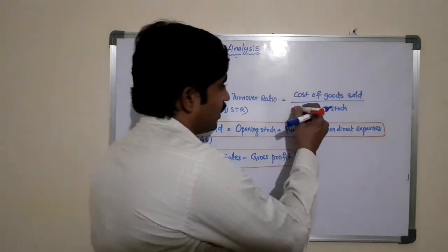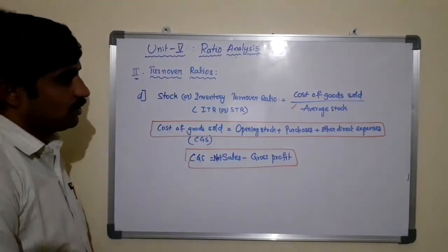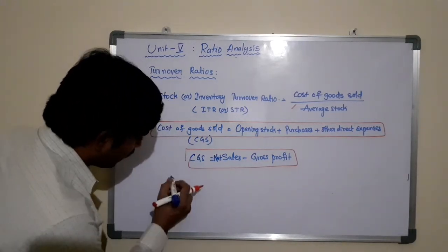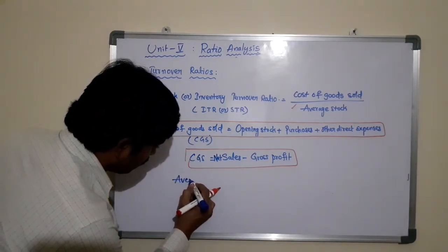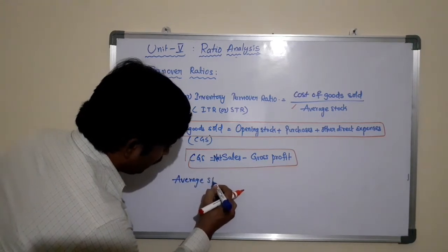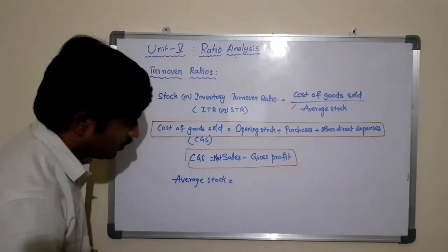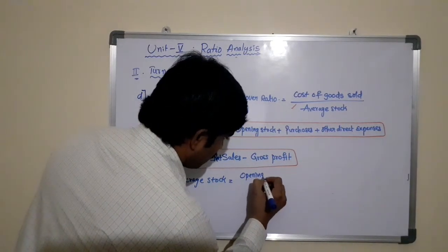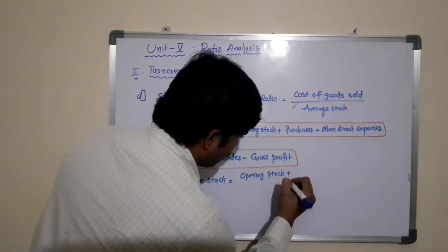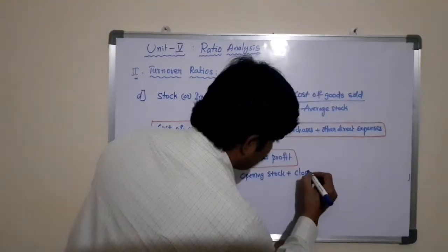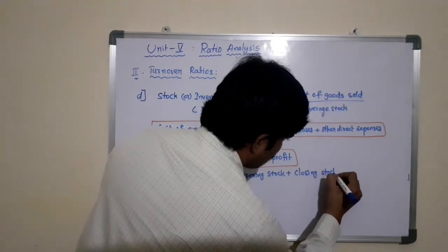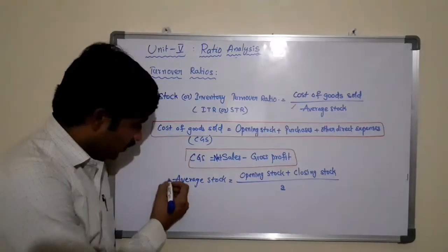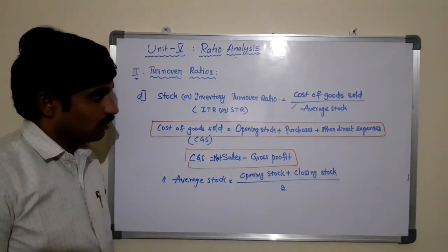The other variable that we need to take into consideration to calculate this stock turnover ratio is average stock. So average stock equals opening stock plus closing stock by 2. This is the formula used to calculate the average stock.